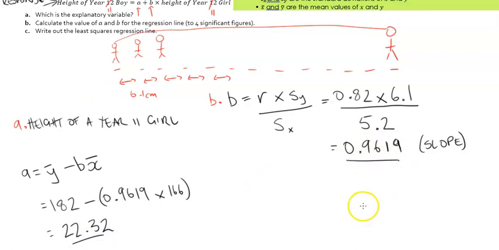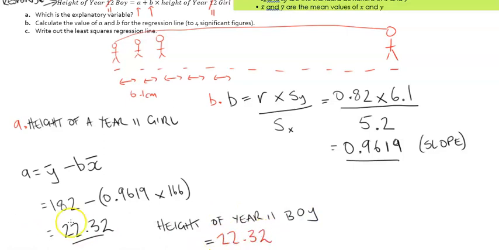And what we're going to do now, and I'll wrap it up after this explanation, is write out the least squares regression line. We already know that we've got the template for it. We're just going to replace it with our a and b values. So height of year 11 boy is equal to the a value that we got, 22.32, plus.